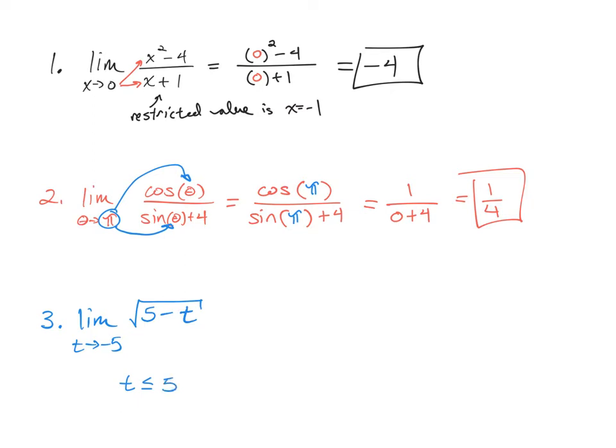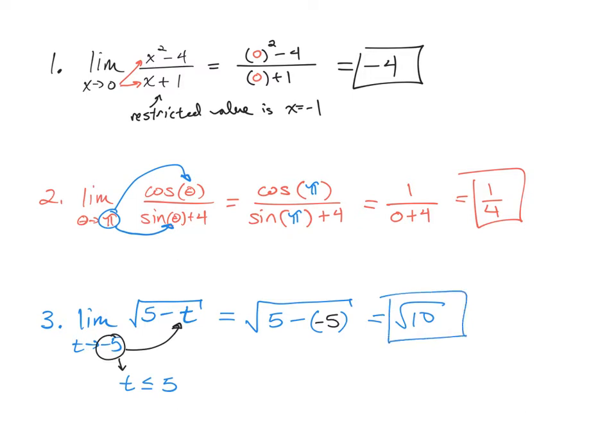And this value of -5 works here. It's in the domain of the function we're trying to substitute in, so we can just substitute it in. We can say the square root of 5 minus -5, which ends up giving you the square root of 10. And yes, you will have to go through and simplify your square roots. Since the square root of 10 is as simple as it gets, that is our answer.